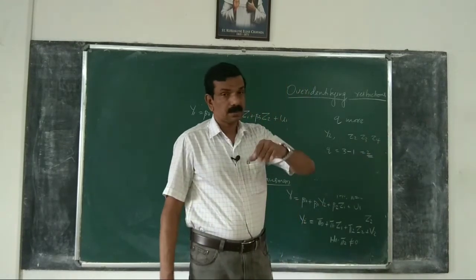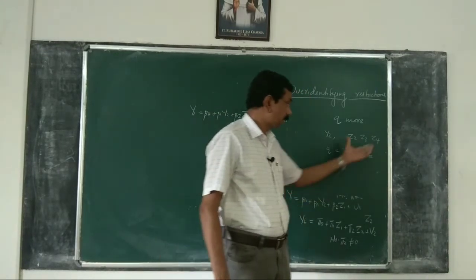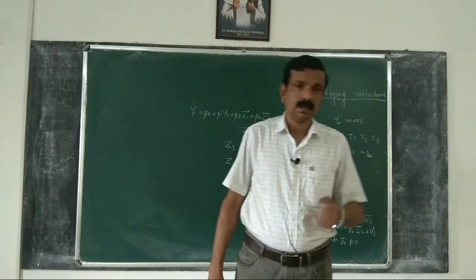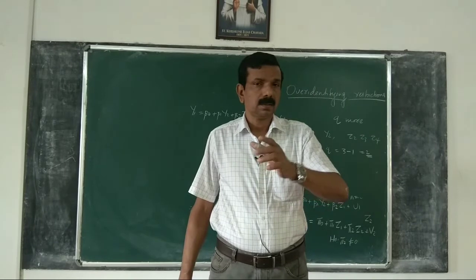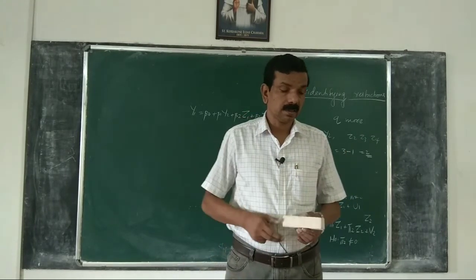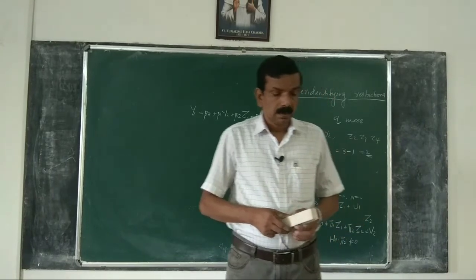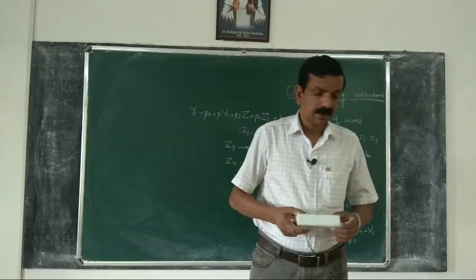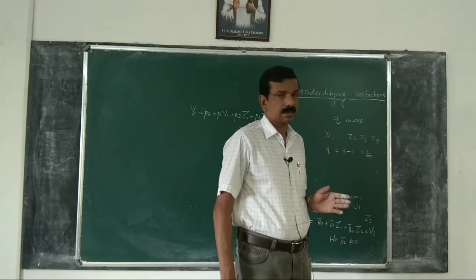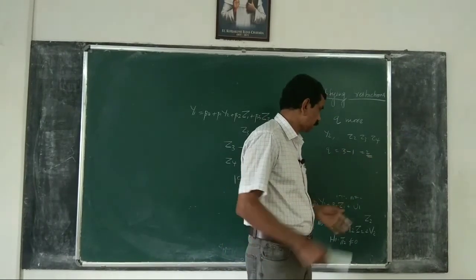And if you use the moment conditions, you will get two additional equations. That is why we are using a linear combination, as we have discussed in the earlier class. Now, if we have two additional instruments than required, as in this example, it is 3 minus 1, which is 2.